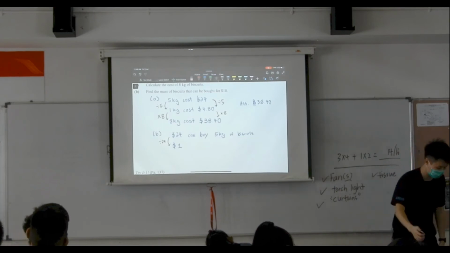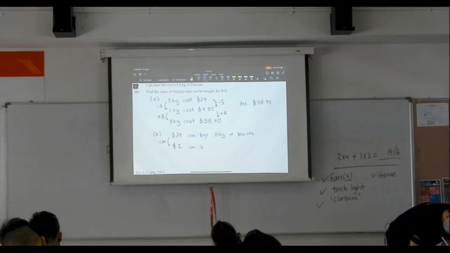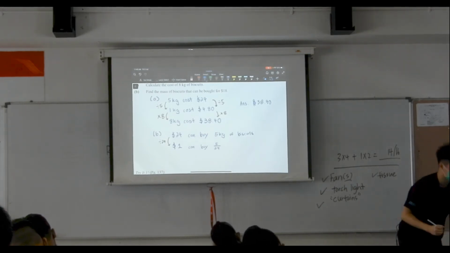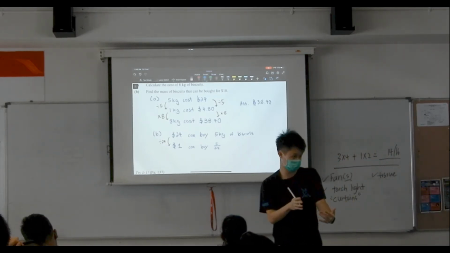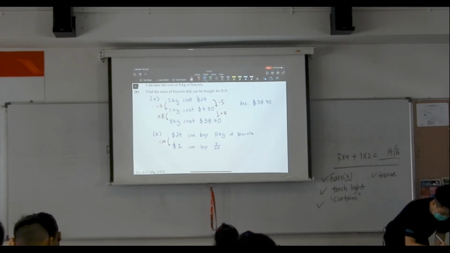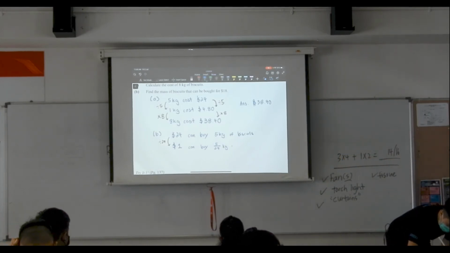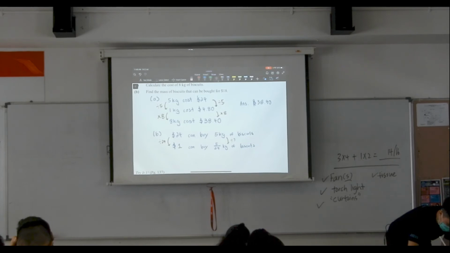So $1 can buy how many biscuits in terms of mass? I will put 5 out of 24, because 5 divided by 24 is just a fraction. The thinking process is I divide by 24 as well.